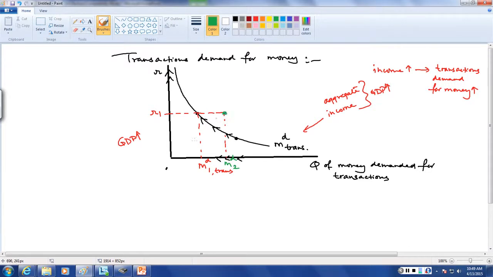This becomes the new interest rate money demand combination. Now that point doesn't lie out there in space. Instead, it lies on a whole new transactions demand curve for money. And that new curve is like this.